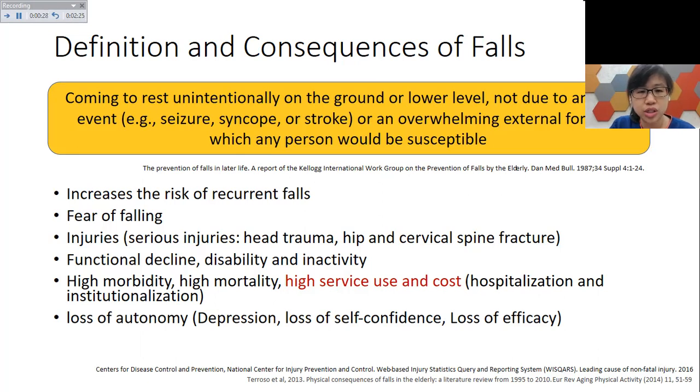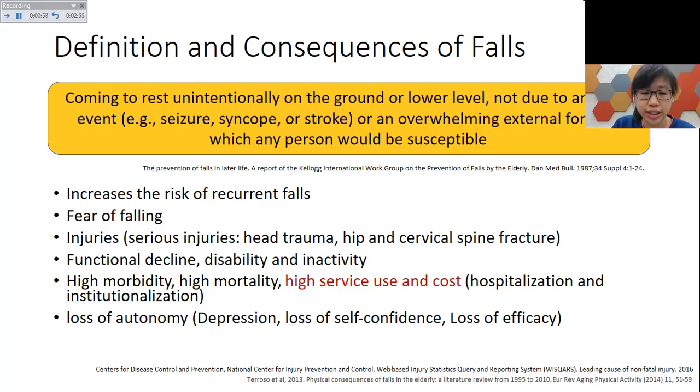Let's look at the consequences of falls. Falls increase the risk of future falls. It also results in a fear of falling, and injuries such as hip fractures, rhabdomyolysis from long lie, if the individual is unable to get up after a fall, resulting in acute kidney injury, and also increases the risk of pressure injuries.